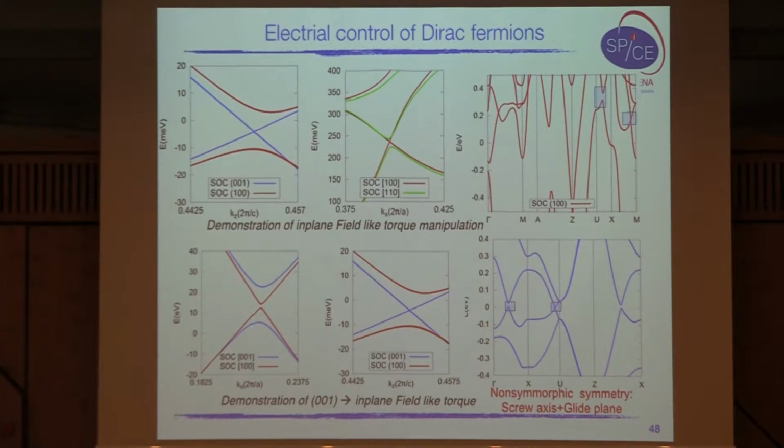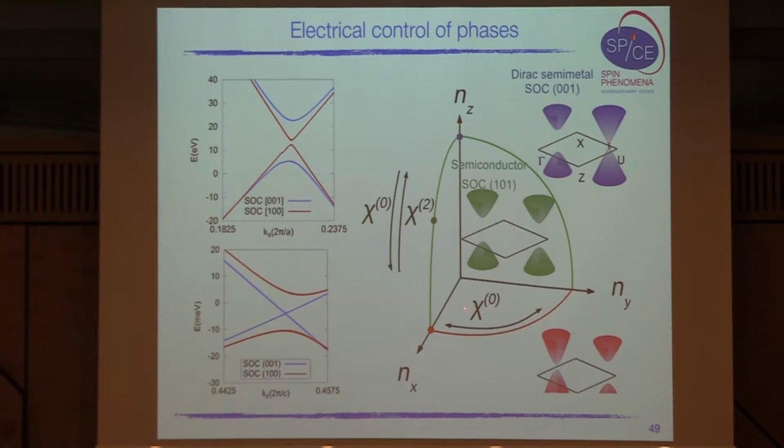So if it's in one particular direction, they're protected by what are called non-symmorphic symmetries, which Libor had to explain to me. Essentially it's a two-fold axis rotation with a glide plane. And then you're able to, by running a current in a particular direction and controlling by the current the direction of the Néel order parameter, just as it was shown in the experiment, open or close this Dirac state.